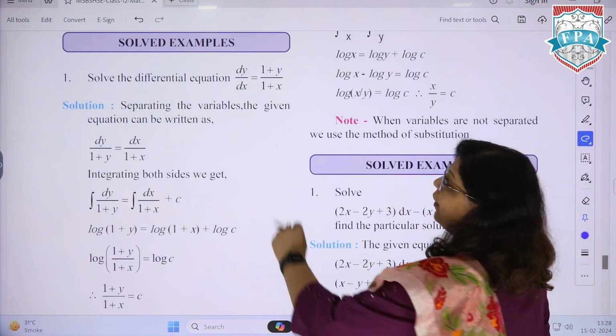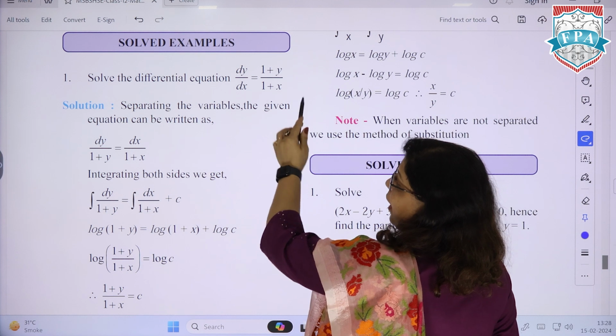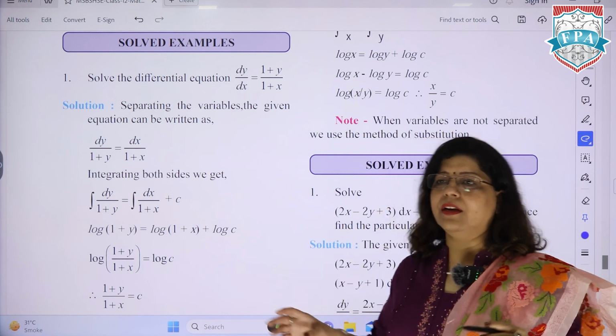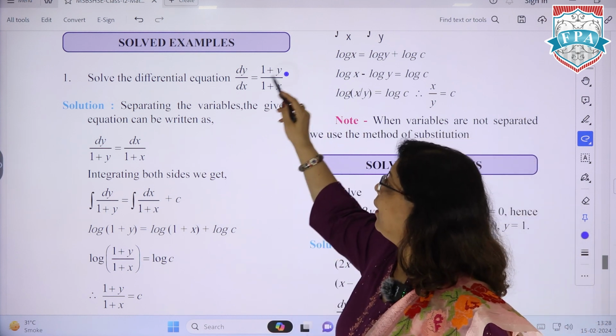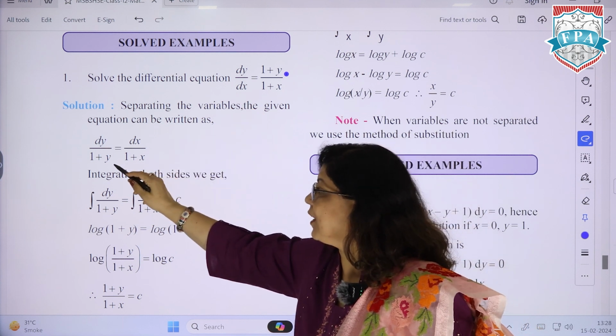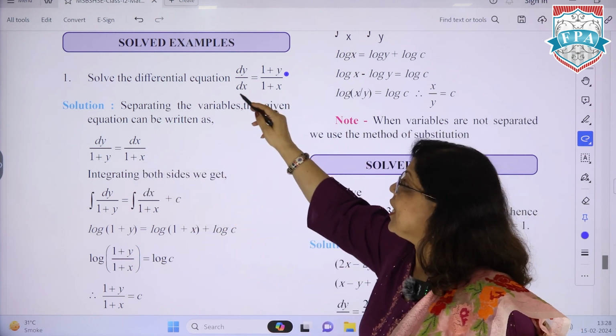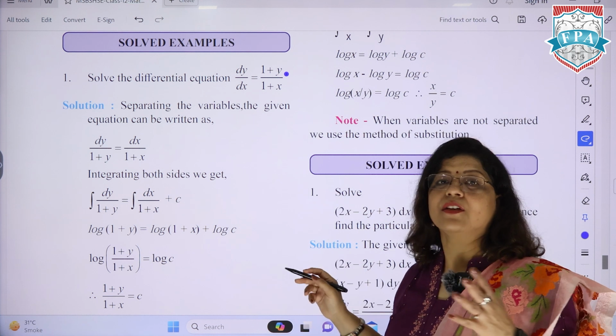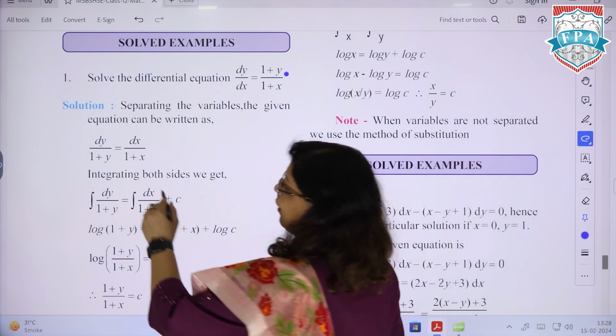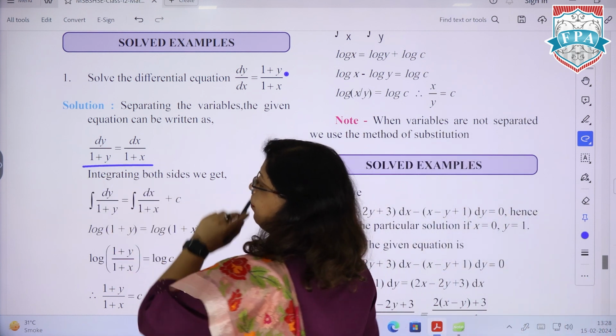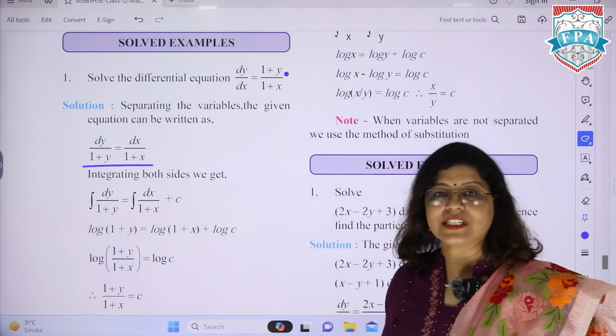Let's see, dy by dx is (1 plus y) by (1 plus x). Very clearly we can shift y towards the left hand side as denominator, and dx towards the right hand side as numerator. So we will be left with dy upon 1 plus y is equal to dx upon 1 plus x.